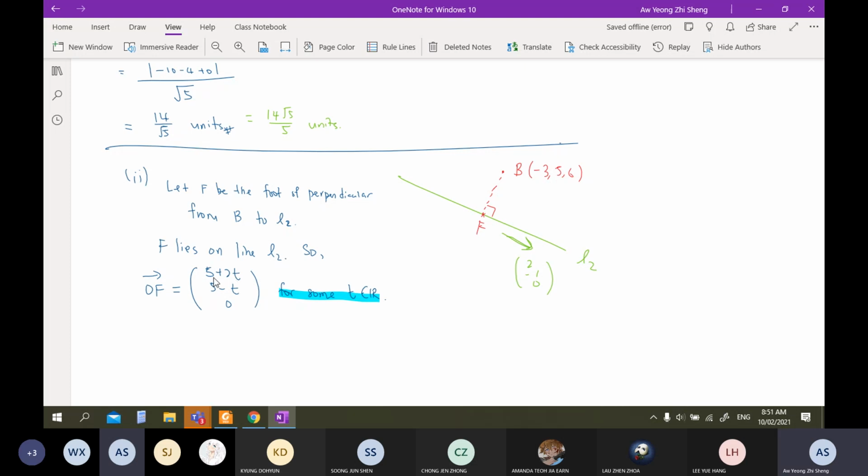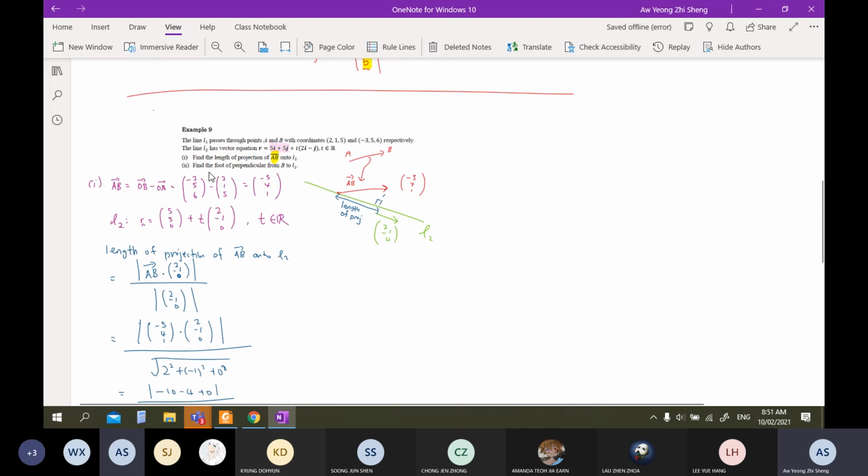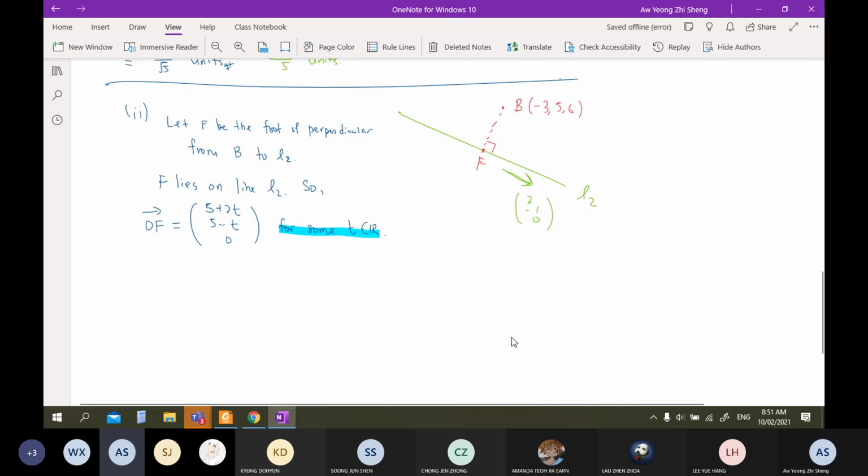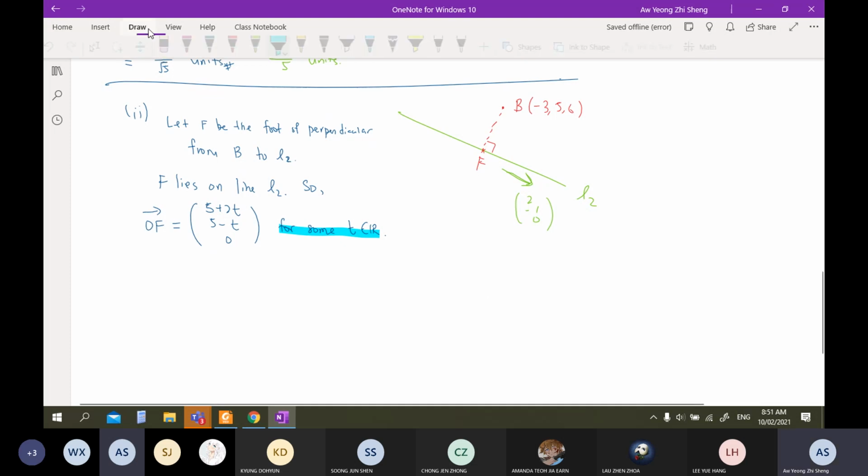If you're wondering where this 5 plus 2t, 5 minus t are coming from, it's actually coming from here, in the vector equation of line L2. Then we have to make use of the 90 degrees.